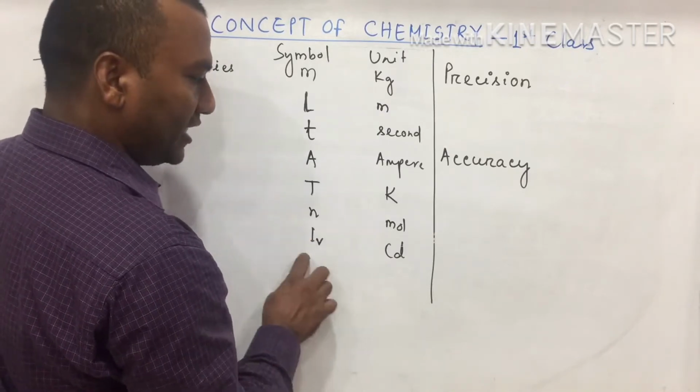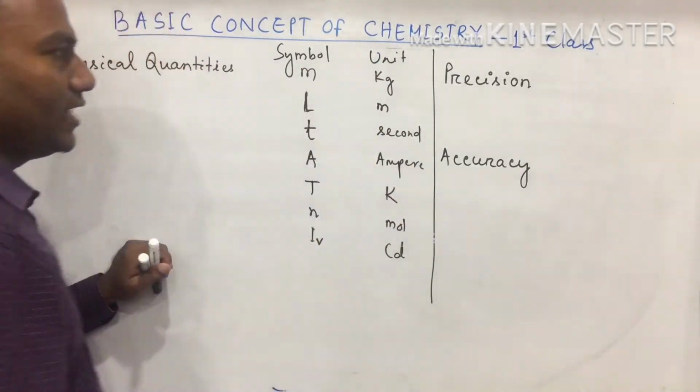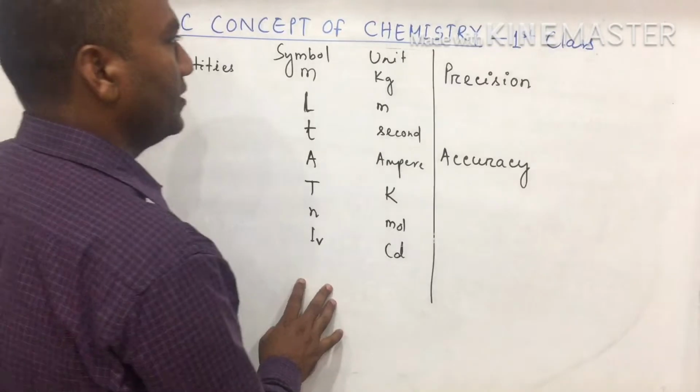In chemistry, except for the last one, we are dealing with all 6 symbols and their units.